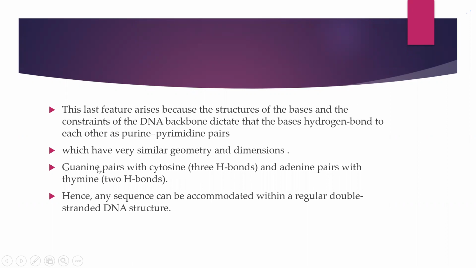So as we have seen, guanine always pairs with cytosine by forming 3 hydrogen bonds, and adenine pairs with thymine by forming 2 hydrogen bonds. So that's how any sequence can be accommodated within the regular double-stranded helix structure.